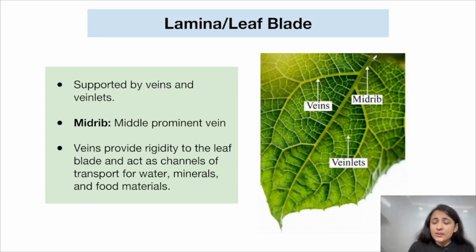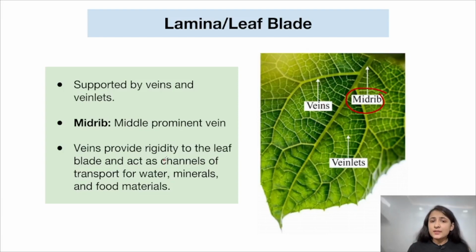There is the middle prominent vein in the center, the most prominent of all. This is known as the midrib. From the midrib various other veins arise. These main veins look very thick in appearance. They are more pronounced than veinlets. Veinlets are very fine, whereas veins are thicker, and the midrib is the thickest.